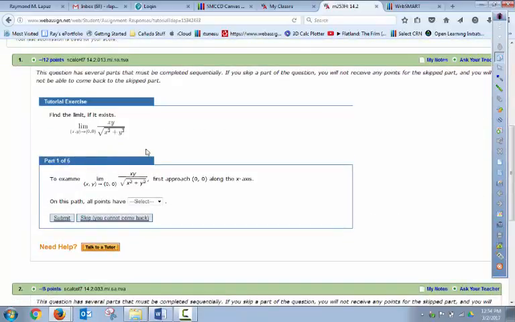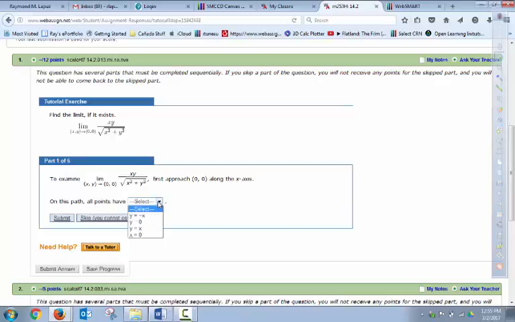So it says here we want to find out if this particular limit exists. To examine this, we are going to approach (0, 0) along the x-axis. On this path, all the points are on the x-axis. Can you describe the x-axis as a function? Can you describe the x-axis as a relation? y equals 0.